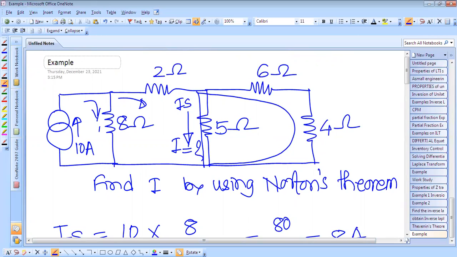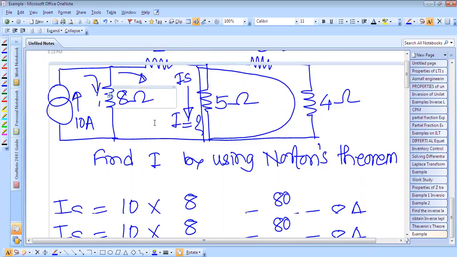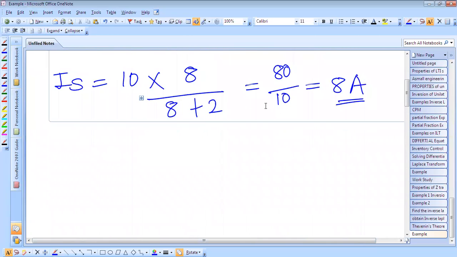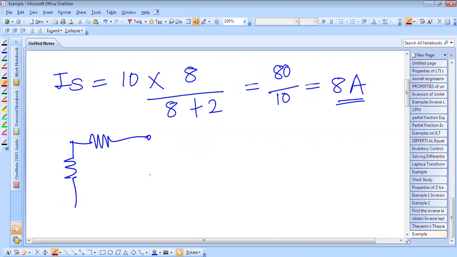We can look into these terminals, and the circuit will become like this. So these are the output terminals through which we have to find the current.